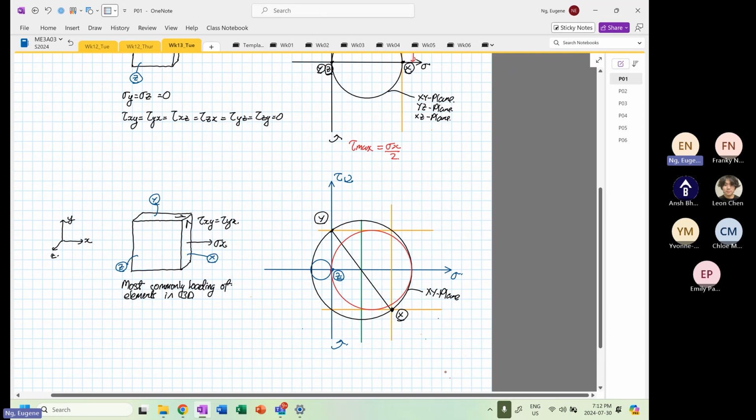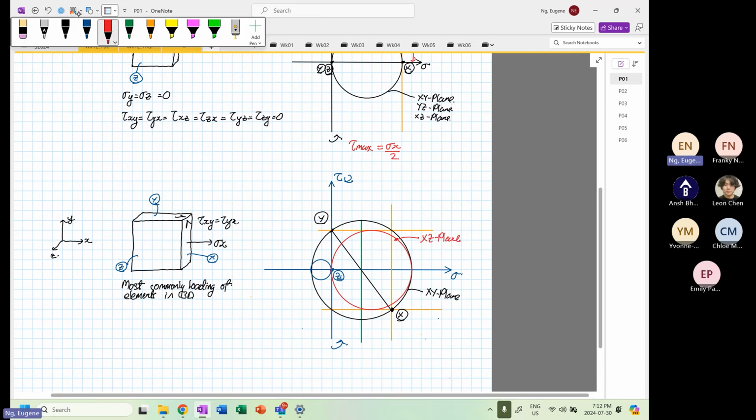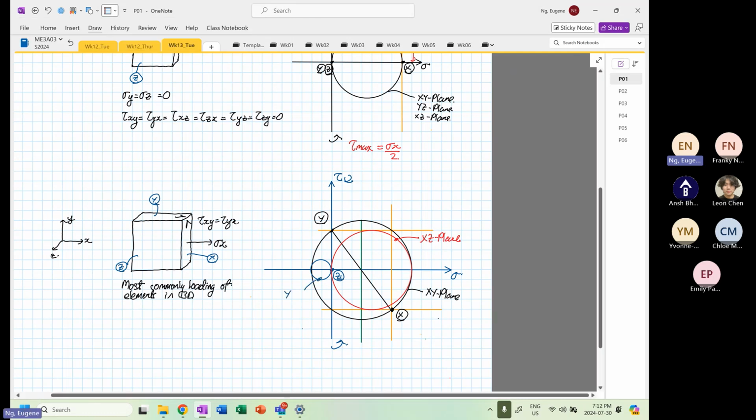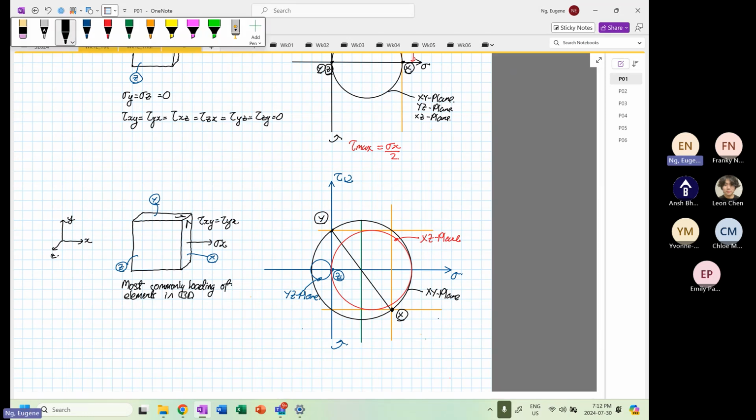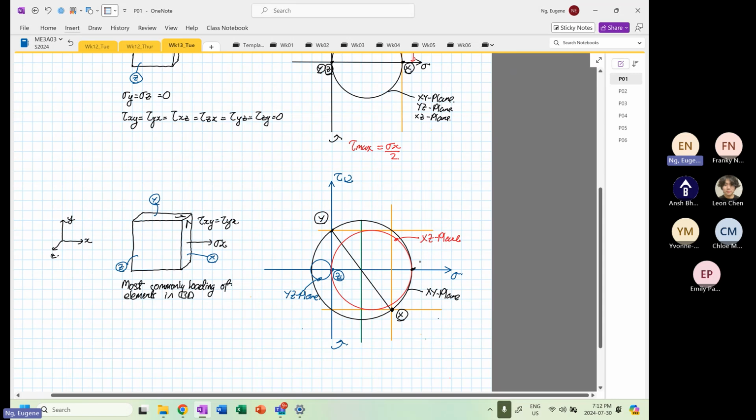And we know that the red circle belongs to the XZ plane, and the smallest one belongs to the YZ plane. And when there's a situation like this, we know that this is our stress max.